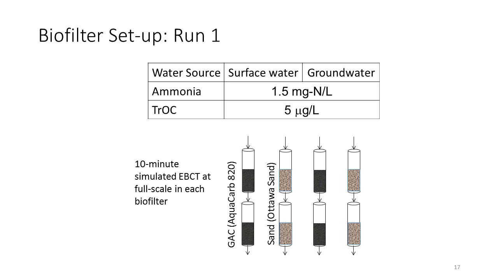And in order to assess whether the removal of the trace organics was through sorption onto the organic media, the GAC, we had a no sorption control for each of the water types, where we used sand media. It was Ottawa sand, which has very low levels of organics.